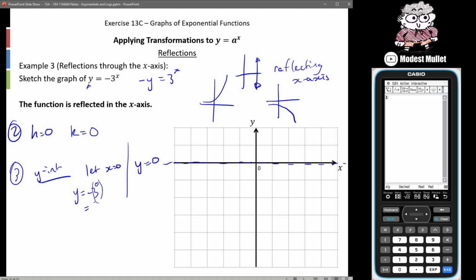So we get negative 3 to the power of 0, so we get negative 1 times 1, which is negative 1. So we go through there, that is (0, -1). We are going to get something like that. There we go, all done. Put this asymptote label there, just to avoid confusion.